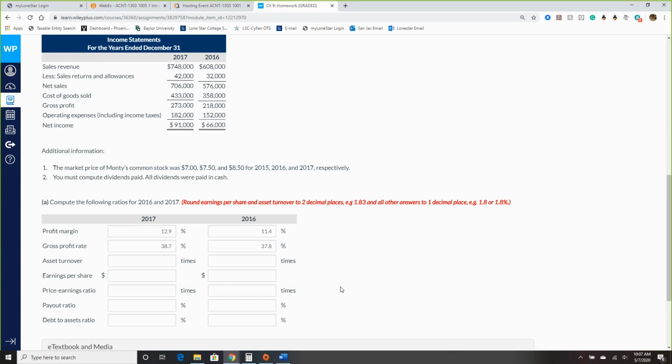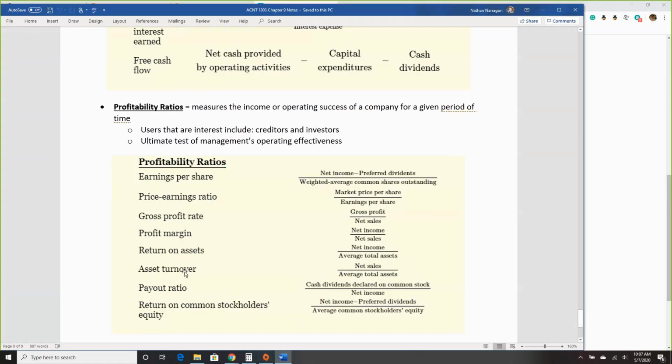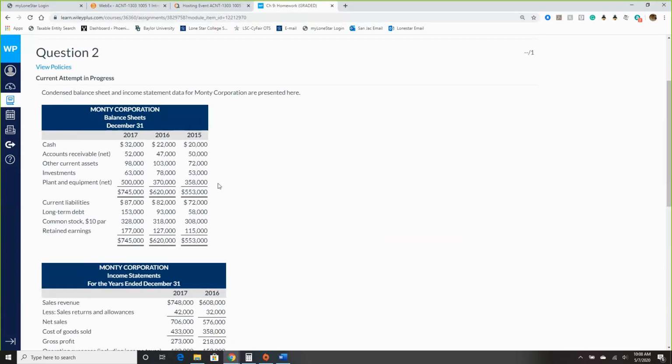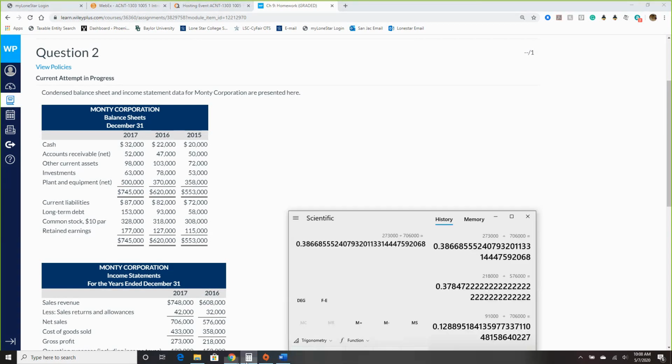Alright, asset turnover. This is one of the ones up here that says 2 decimal places, so be careful. Again, we're just going to always look up the formulas and get used to those. Net sales divided by average total assets. Okay, we got 2 years here. So 16 is going to use 16 and 15. 17 is going to use 17 and 16 for their average. So let's start with 16.